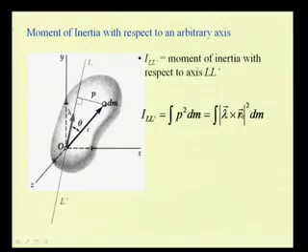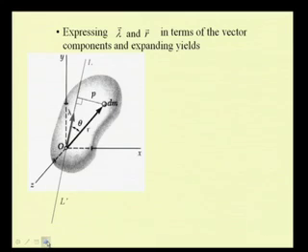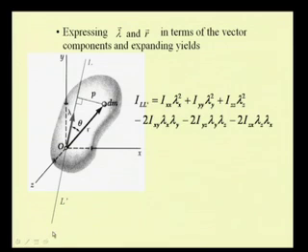So, let us write these vectors, that is lambda and r, in terms of their components, that means lambda x, lambda y, lambda z, etc. And also expand that cross product term, the square of the cross product term. We will get, upon simplification, Ixx times lambda x square plus Iyy times lambda y square plus Izz times lambda z square.